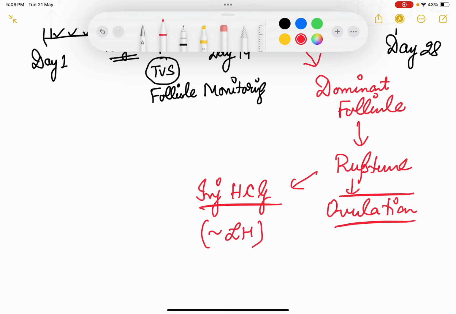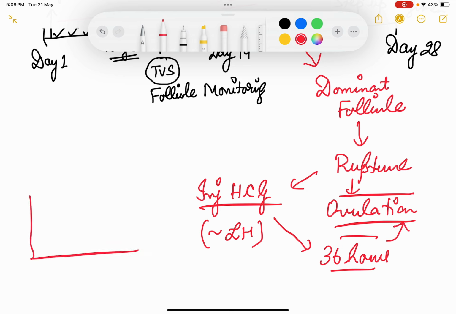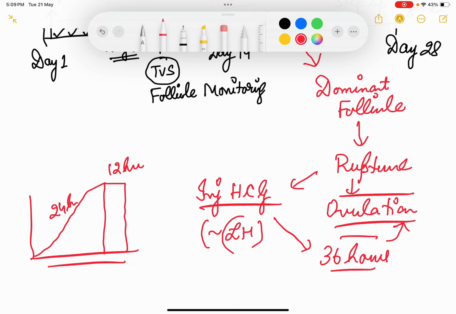So when you inject HCG, after 36 hours of injecting human chorionic gonadotrophin, ovulation occurs, because I told you that after there is an LH surge, the LH increases for the next 24 hours and then it remains at peak for the next 12 hours and then ovulation occurs. So a total of 36 hours is taken for LH to act. Similarly, HCG injection also takes 36 hours to act. So that is why after 36 hours the ovulation occurs.